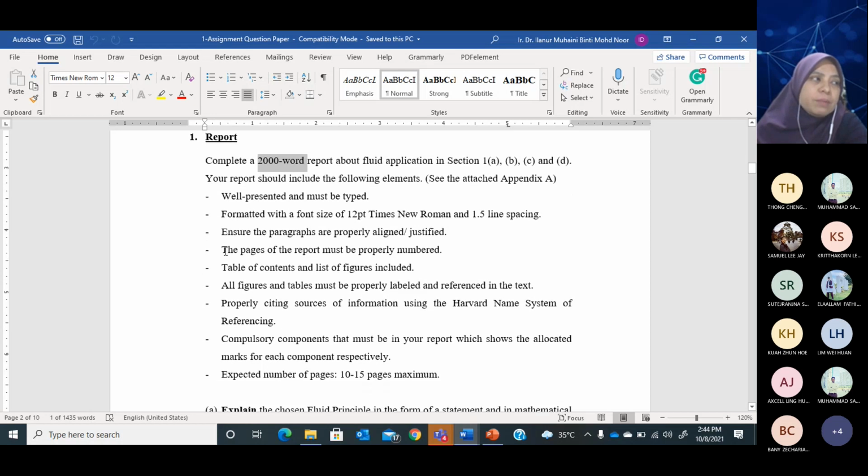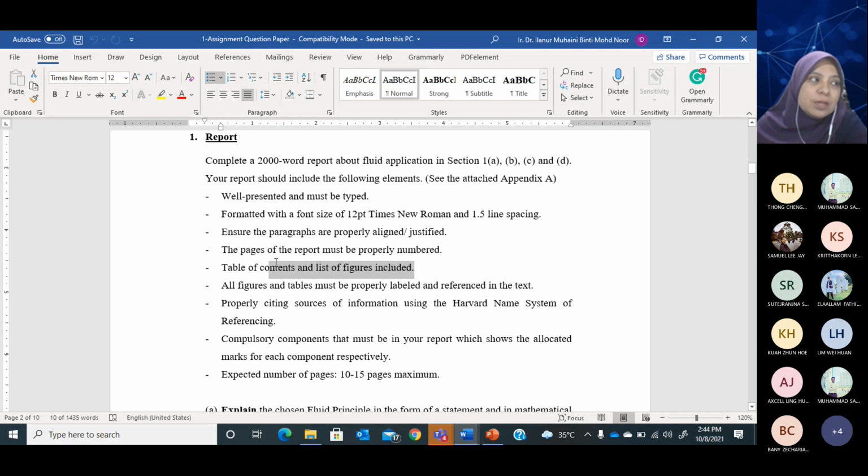Okay, after that, pages of the report must be properly numbered. Later I check the content, page number 10, you mention table of component. Then when I open, it is not the table of component, it is something else. So this shows students are doing the work last minute.